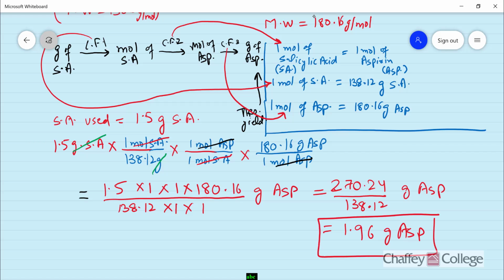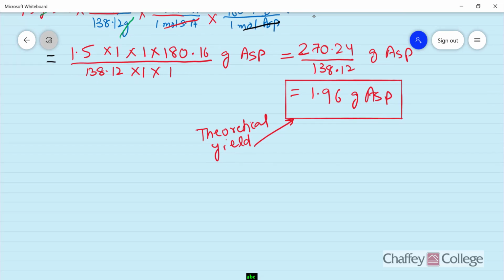So this is my theoretical yield. Theoretically, starting with 1.5 grams of salicylic acid, you should be able to get 1.96 grams of aspirin.